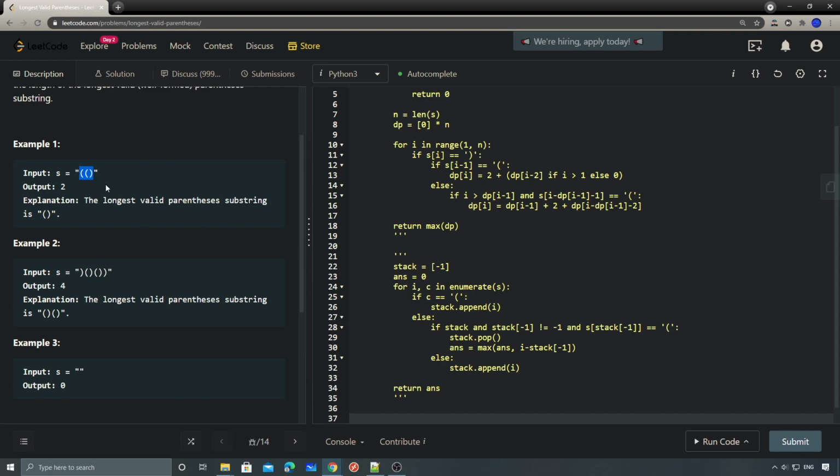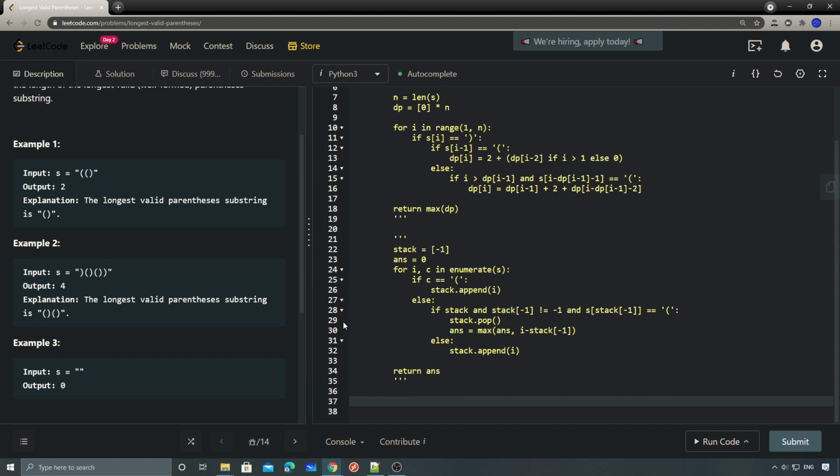So similarly for this problem, we can do a loop from left to right.